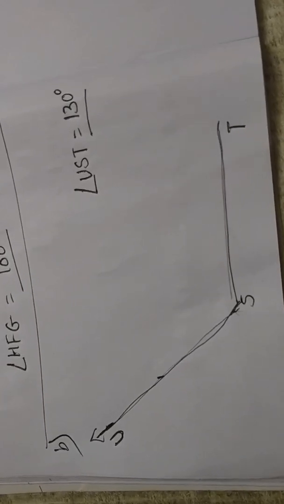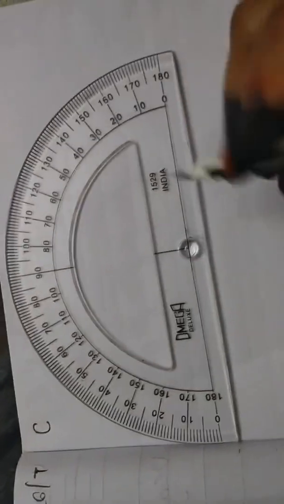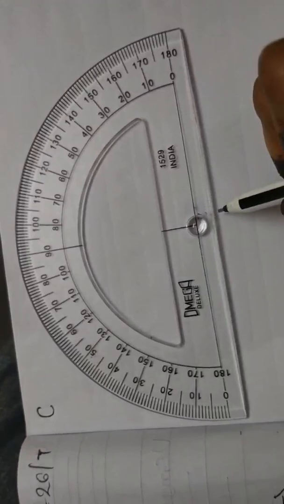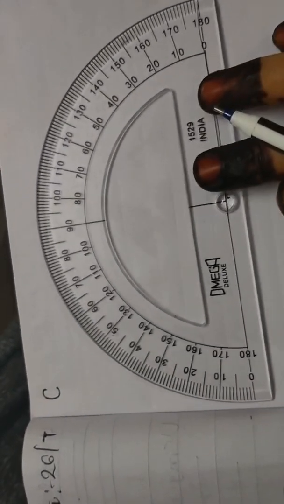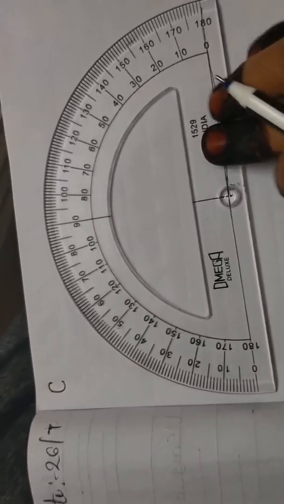Okay students, I hope your work is complete. Now we'll start the C1 question. So students, first of all we have to draw one line. So this is a line, students. Now we have to mark 120.